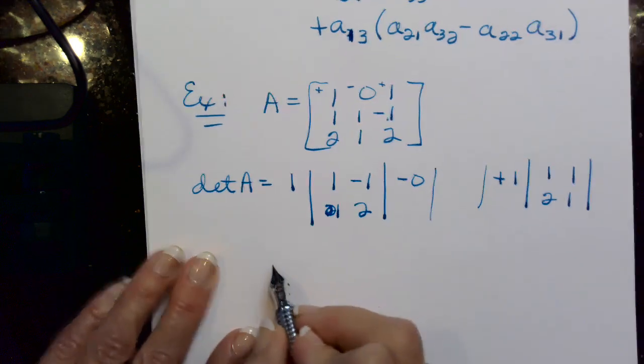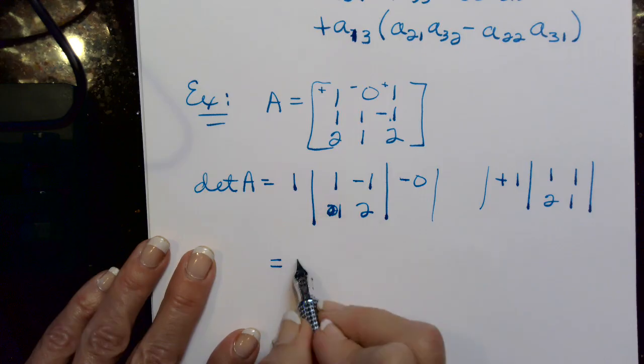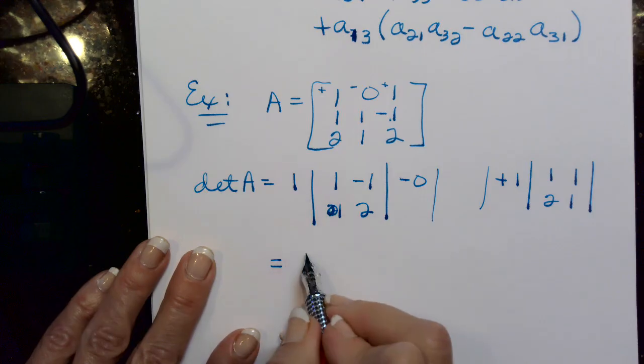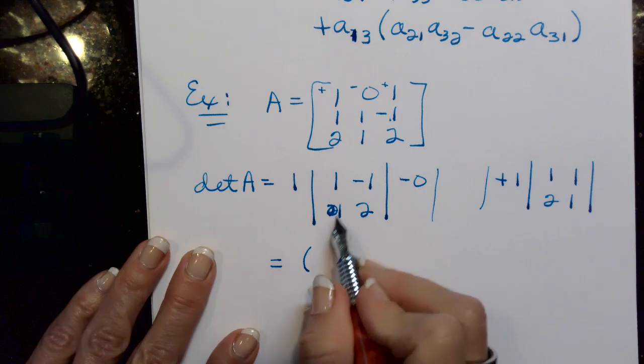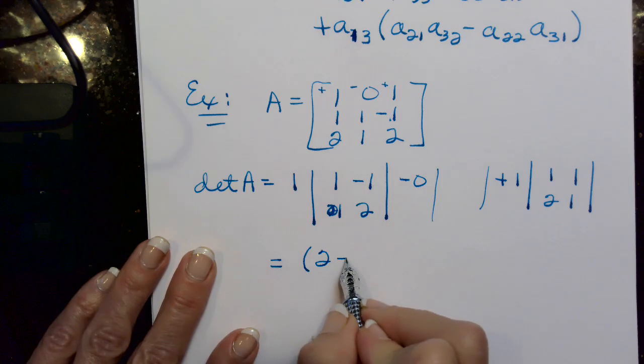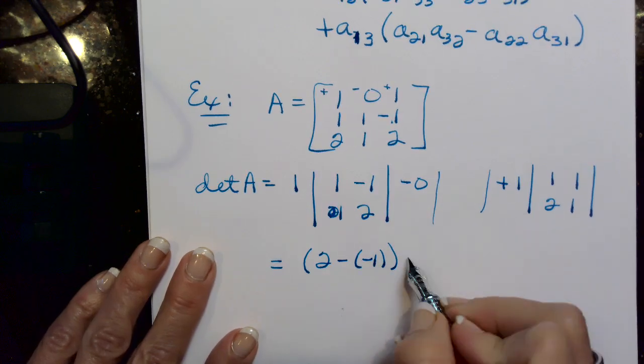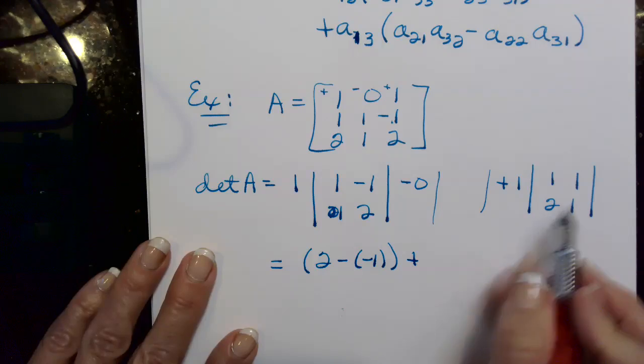Okay. So now when we compute the determinants of the 2 by 2s, here it's just a 1, so I don't have to worry about that. I get 2 minus a minus 1, so that's 2 minus a minus 1, 0 here. And then I get plus 1 minus 2.